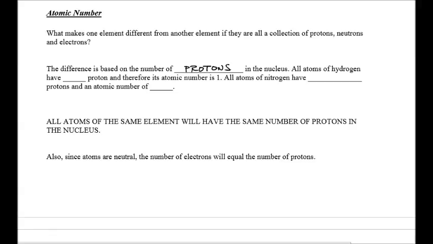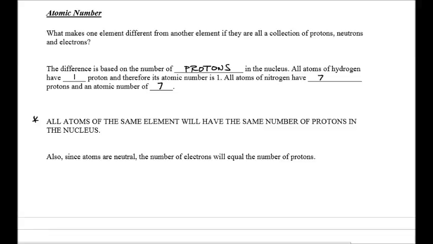All atoms of hydrogen have one proton, and therefore its atomic number is 1. All atoms of nitrogen have 7 protons and an atomic number of 7. So the difference between nitrogen and hydrogen is simply the number of protons.